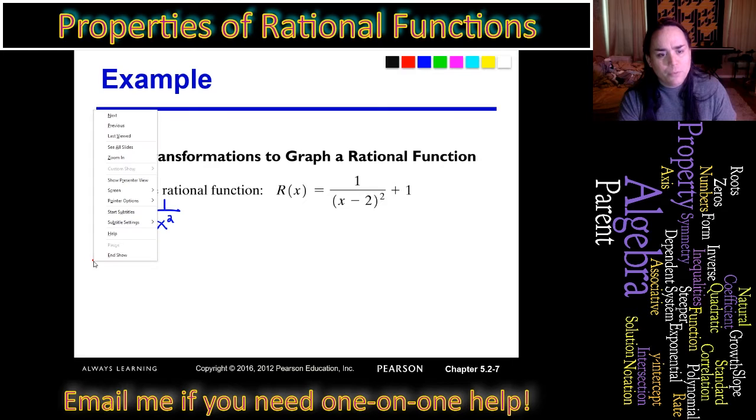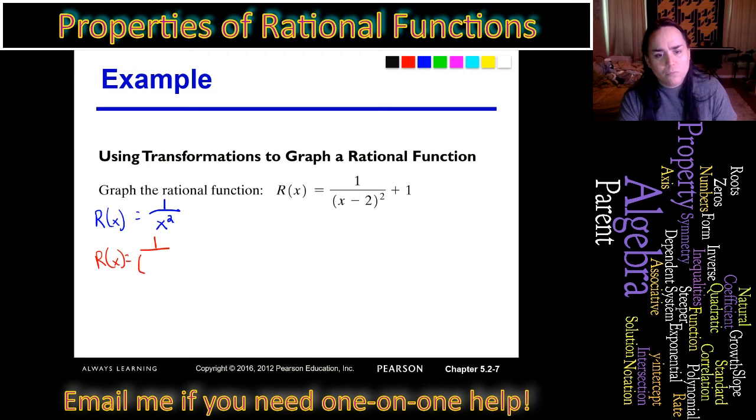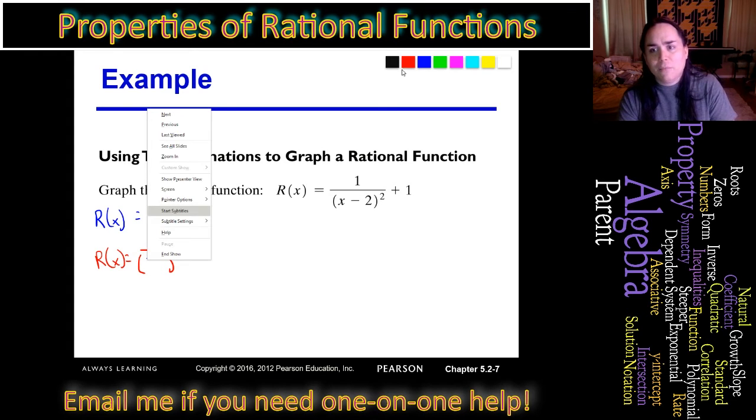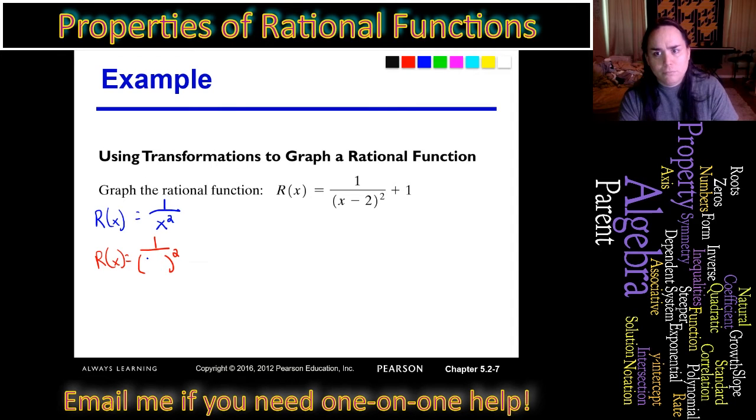So what I'm going to do, if I can figure out this pen, there we go. Oh, you know what? I need that red again. So x, and then this is minus 2 right here, and a plus 1 right there.